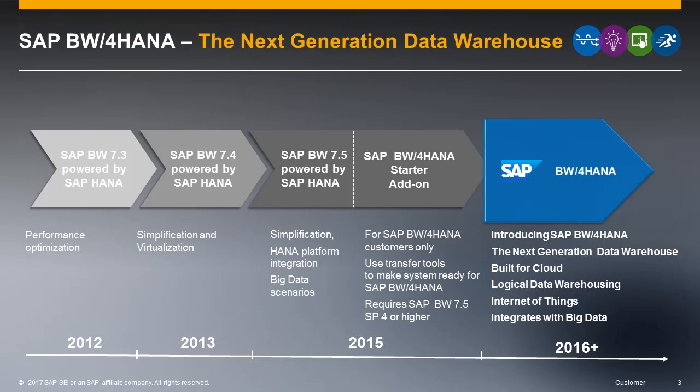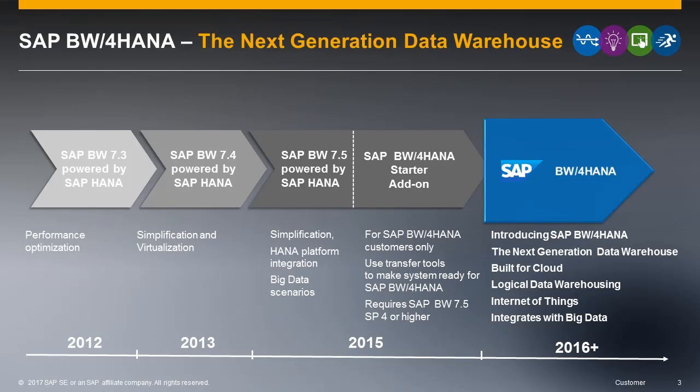So if you're on 7.3, 7.4, 7.5, those releases have gone into maintenance, and 7.5 may receive a few updates here and there. The vast majority of the innovation is going to be delivered on the BW for HANA code line.